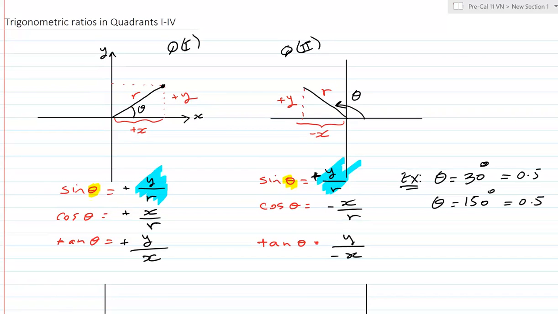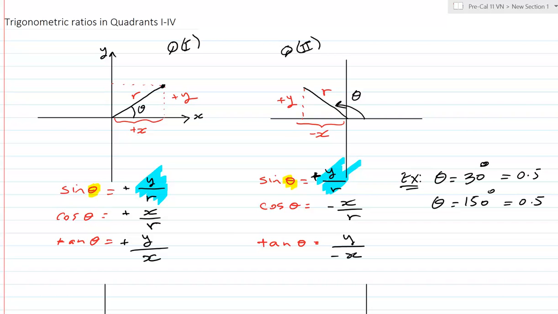Actually, just before moving on to the other quadrants, I want to give an actual example. So for quadrant 1, let's suppose that theta is 30 degrees. I want to show you that sine of theta at 30 degrees, if you punch in a calculator, you get 0.5. And then you do the same thing with the sine of 150 degrees. That is in quadrant 2. So this is 30 degrees in quadrant 1, 150 degrees in quadrant 2. But that's also giving you 0.5.